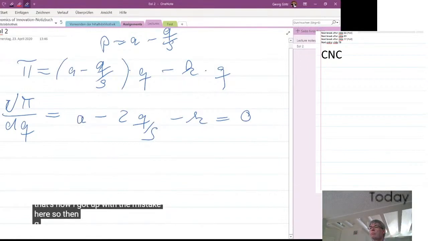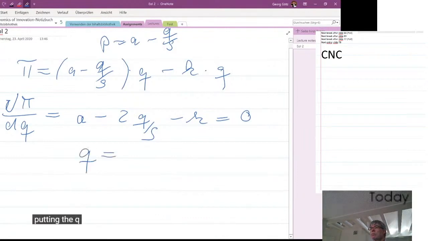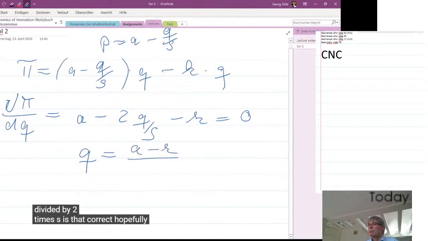So then Q would be, putting the Q on the other side, a minus k divided by 2 times S. Is that correct, hopefully?